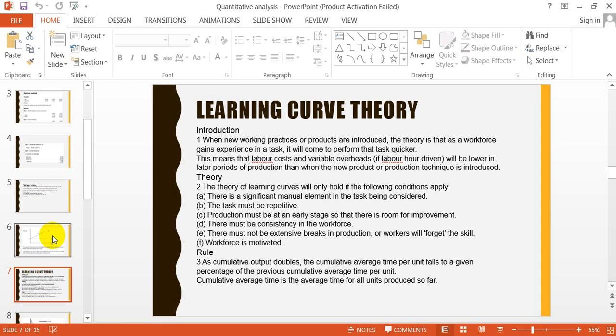Cumulative is if you produced 2, then you produced another 2, so cumulative you got 4. So as cumulative output doubles, the cumulative average time per unit falls to a given percentage of the previous cumulative time per unit. The cumulative average time is the average time of all units produced so far. Clear?